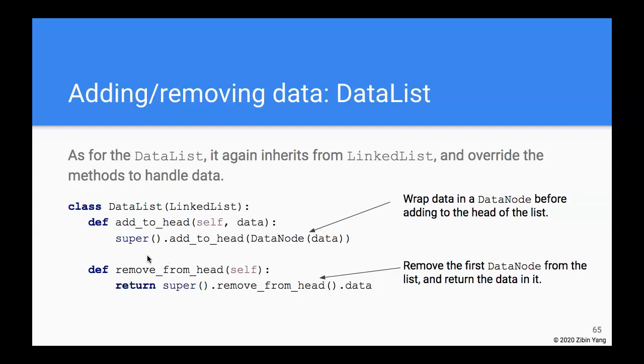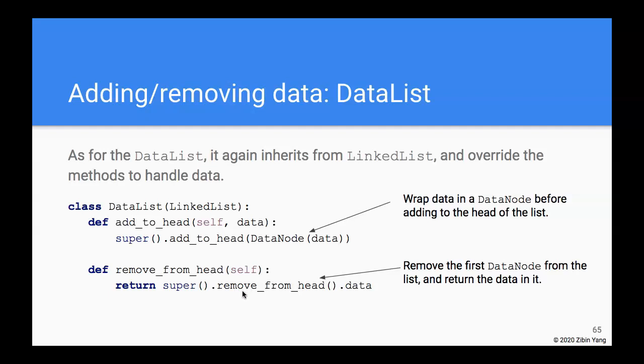Very similarly, for the remove from head method, we should return the data at the head, or the first piece of data, from this method. So first we would ask the super, or linked list, remove head to give us the first node that contains data.